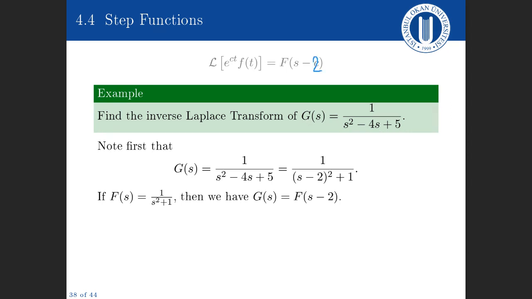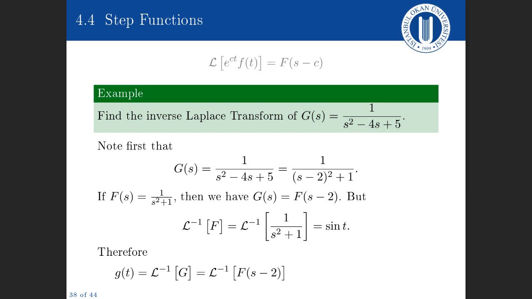So we know that we want e to the power 2t f of t. The inverse Laplace transform of capital F, or small f, is just sine t. So we have e to the power 2t multiplied by the inverse Laplace transform of capital F. We have e to the power 2t sine t.